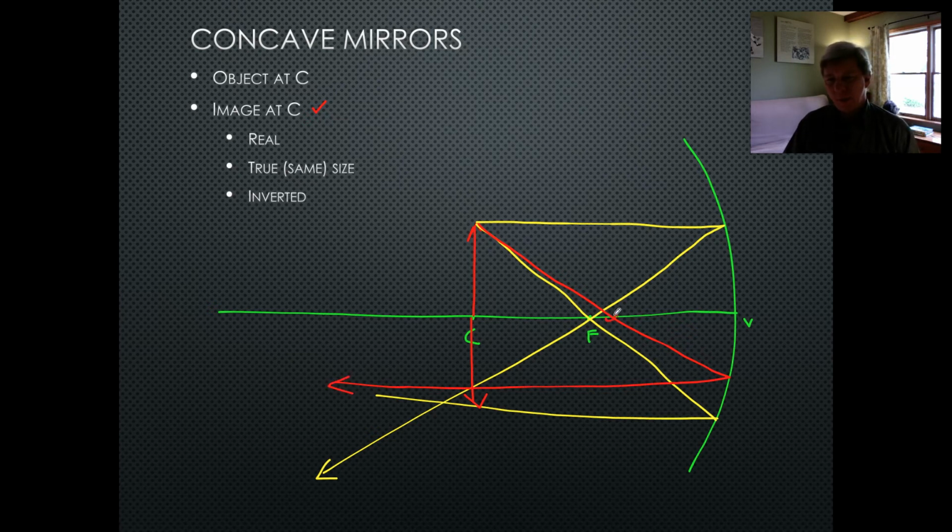I guess I should have put my focal point a little closer. But in any event, the image is a real image because it's on the same side of the mirror as the object is. It's located at point C. It's the same size as the object, and again, it is inverted. Okay, sorry for the mess on that one.